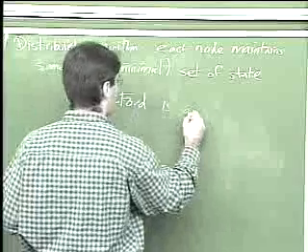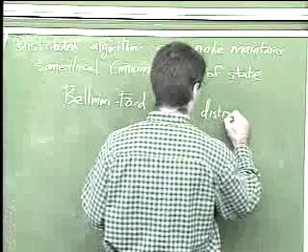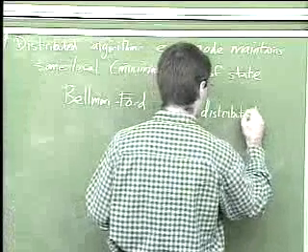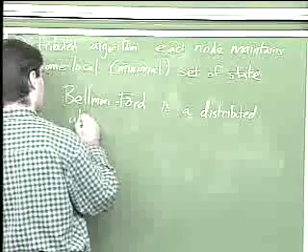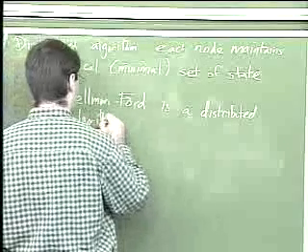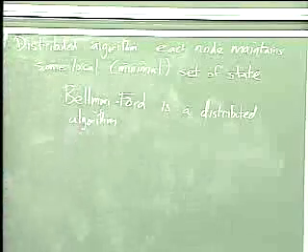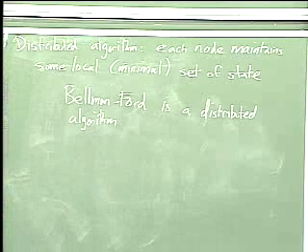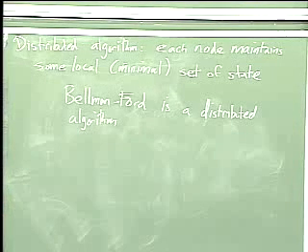Bellman-Ford is a distributed algorithm, and the way I describe it is somewhat different. When we described the centralized algorithm, there was one entity, me, the oracle, who made all the decisions. The algorithm said: take this set, put these nodes in this set, take the one that's smallest, and move it from this set to that set.